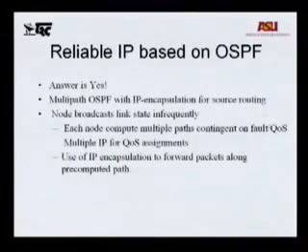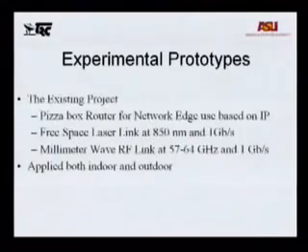Okay, so the answer is yes. Multiple path OSPF is IP encapsulation for source routing. The nodes broadcast link state infrequently. Each node computes multiple paths contingent on fault and QoS. Multiple IPs are used for QoS assignments, and IP encapsulation is used to forward packets along pre-computed pathways.